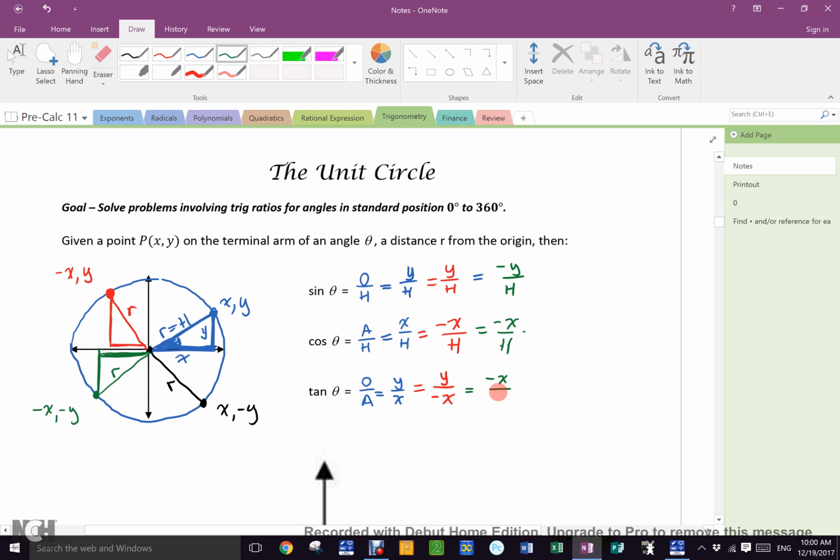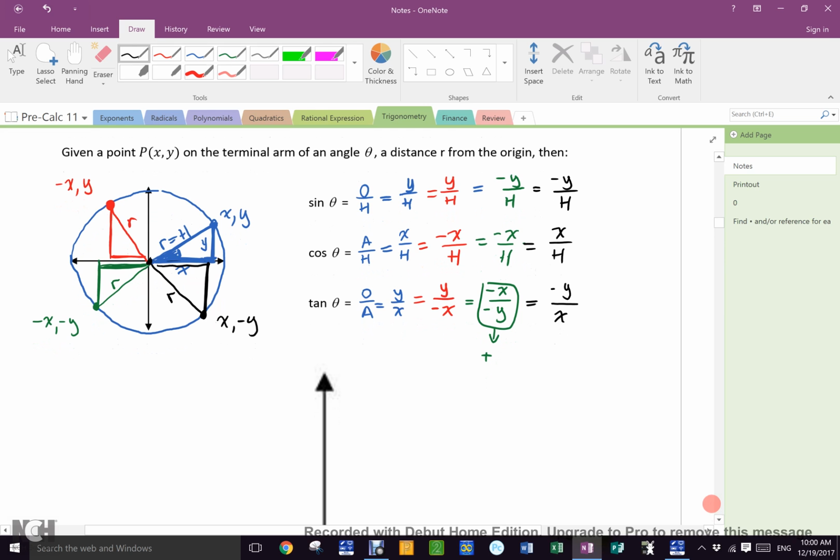But we're going to write it as negative to keep the pattern going, but I'm going to remind you that that's positive. Everybody cool? And what is black sine? Negative y over h. Cos is x over h. Tan is negative y over x.